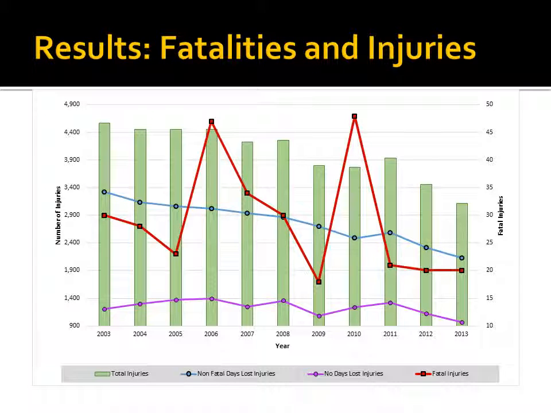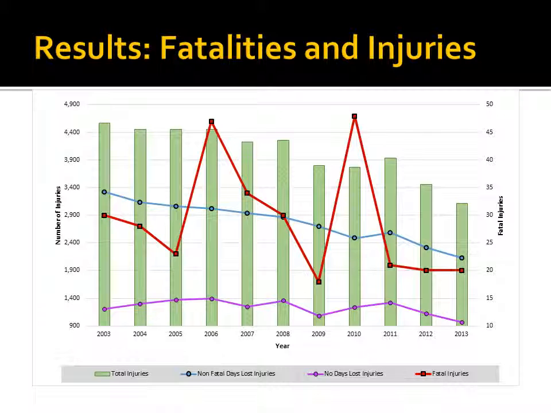To back up what I said in the previous slide, this is a graph that I put together that shows the total number of injuries in comparison to the non-fatal days lost injuries, the no days lost injuries, and the fatal injuries. The number of injuries axis is on the left, while the number of fatal injuries is on the right.